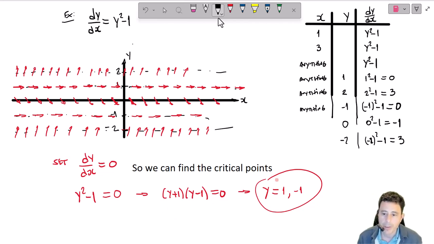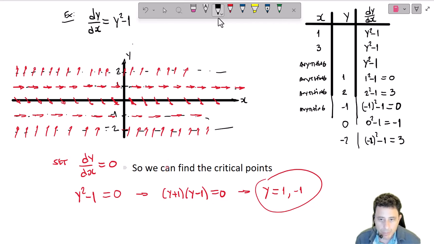There are only two. There is no other place where the derivative is 0. So that guarantees that below y equals negative 1, all the derivatives are positive. Now we are assuming that the derivative here, obviously this is continuous, right? Continuous means there's no jump. You don't jump from positive to negative or vice versa. So there's no jumps in there.